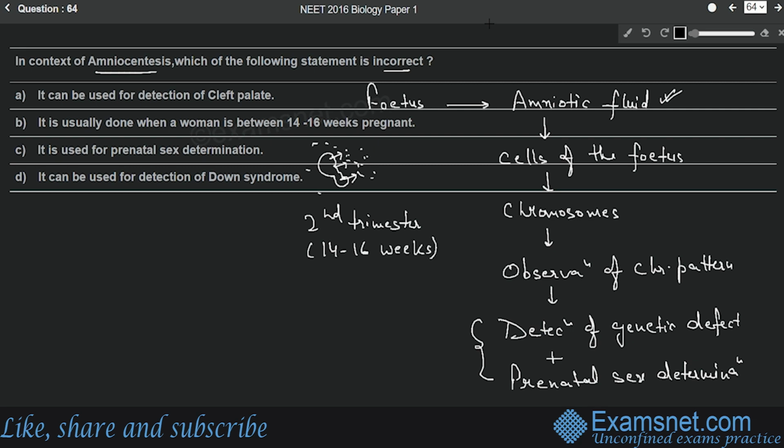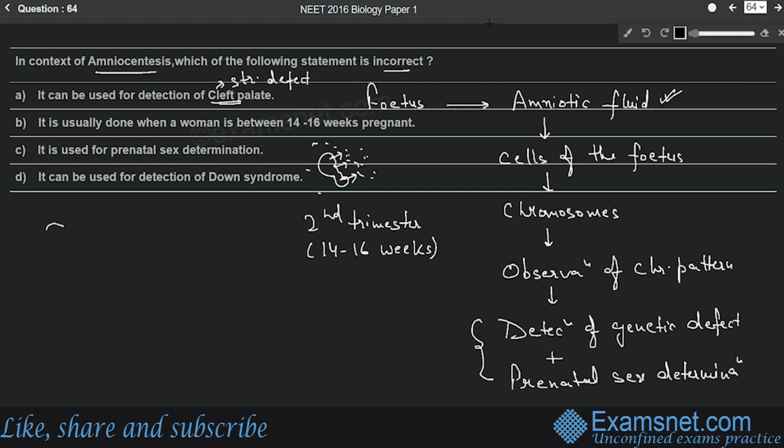Okay. Now let's see what statements are given here. The first statement says it can be used for detection of cleft palate. Now what is cleft palate? It is a structural defect in the child, not a genetic defect. What happens when the palate of the mouth, that is the roof of the mouth, is incomplete and there is an opening in it?